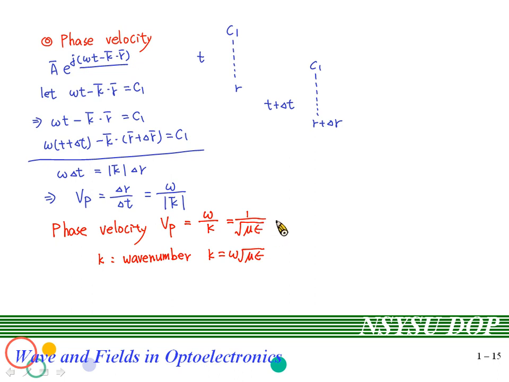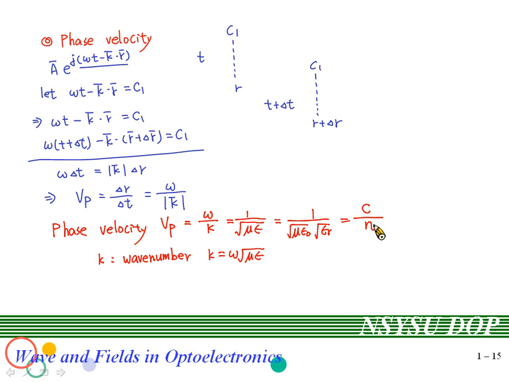Besides, this can also be written as 1 over square root of mu 0 epsilon 0 times square root of epsilon r. This first term is the velocity of light wave in free space, and this one will be the index n.